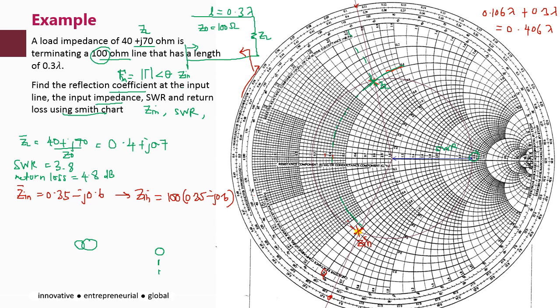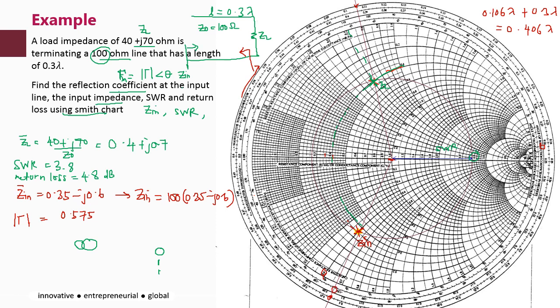For the reflection coefficient, use the radius, so you get the magnitude of the reflection coefficient. You need to refer to the scale again. So the reflection coefficient magnitude will be 0.575, and then for the angle, look at the reflection coefficient scale, the second one here.